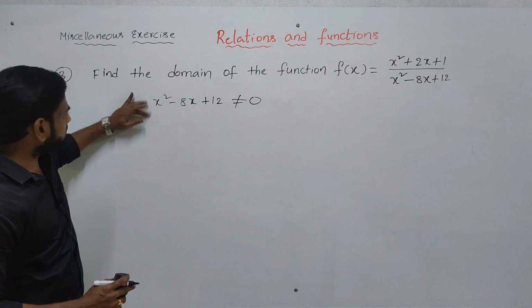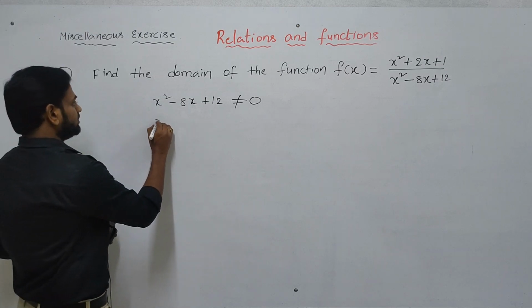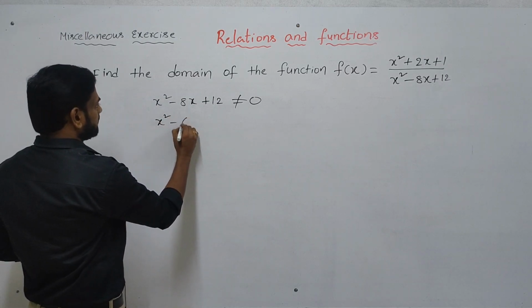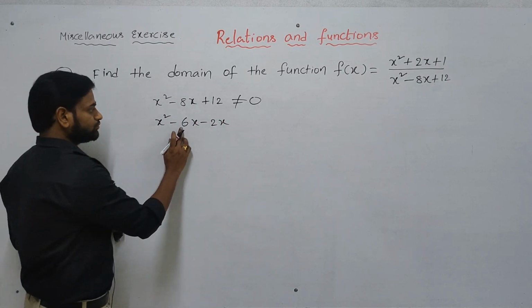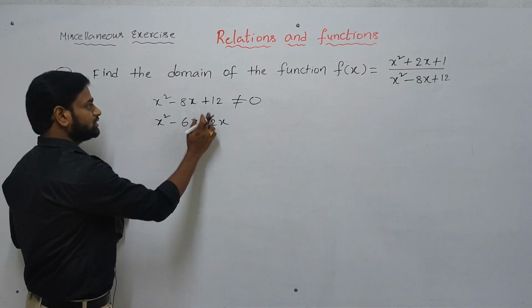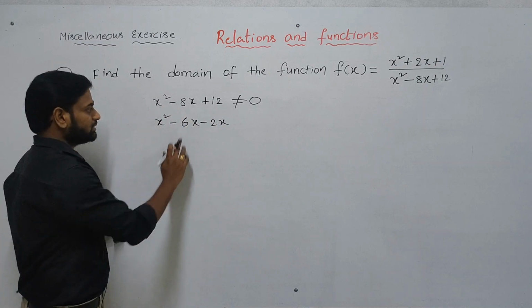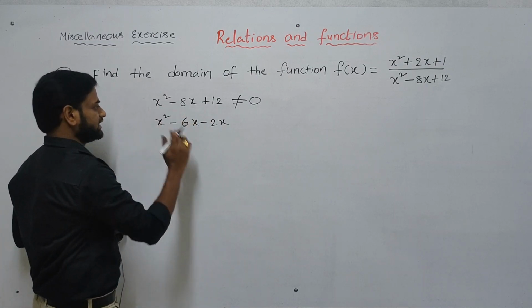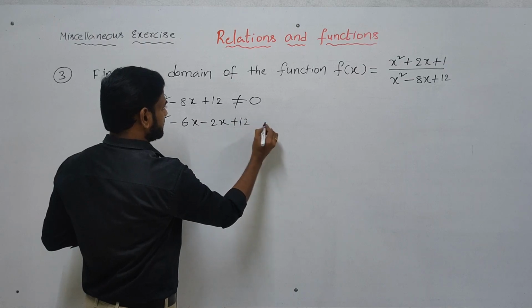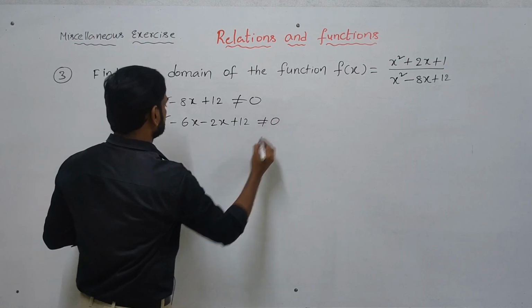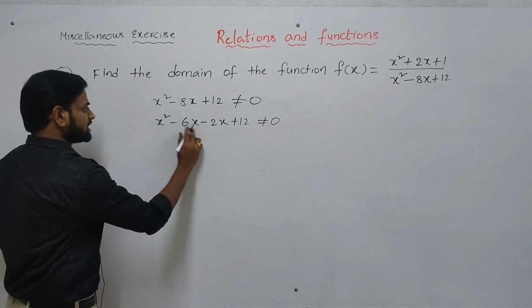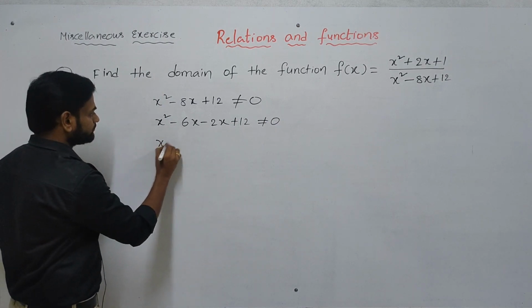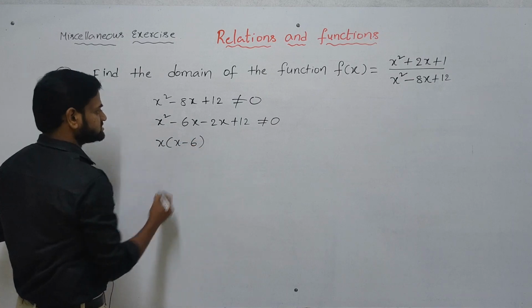What are the numbers? It is x square minus 6x minus 2x, minus 6 into minus 2 plus 12. Minus 6 minus 2 is minus 8. Plus 12 not equal to 0. Next, in these two terms I am taking x common: x minus 6.